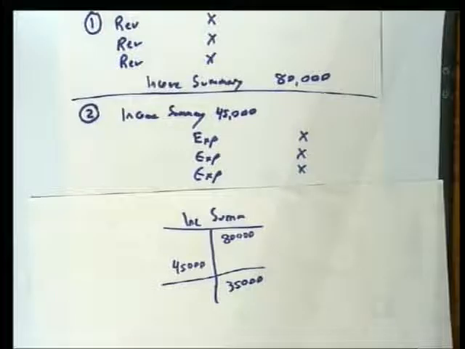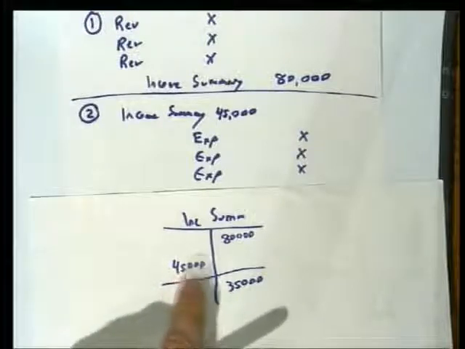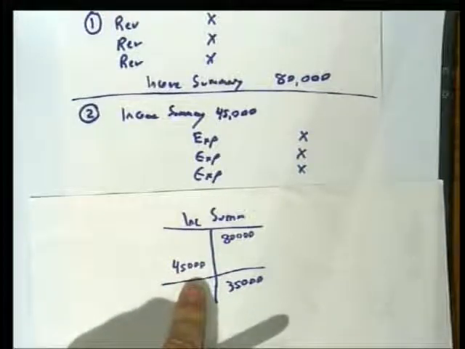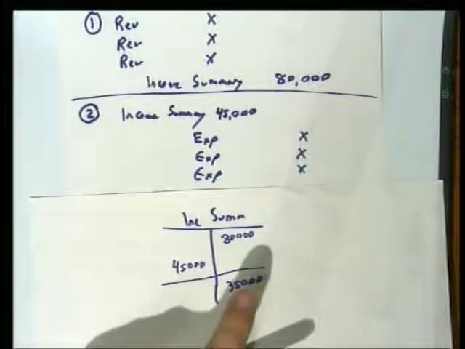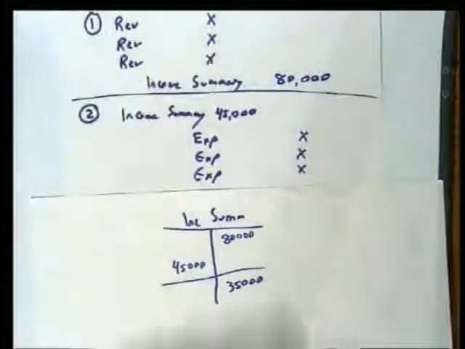Now, in this situation, we had a net income, right? Could you ever have a situation with a company where the expenses were greater than the revenues? Certainly you could, and in that case it would be a balance over here. Okay, that is our balance of income summary after we post the first two entries.